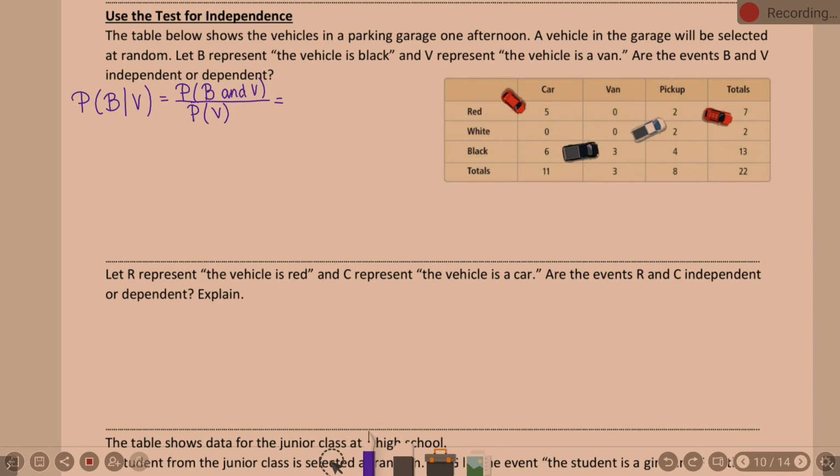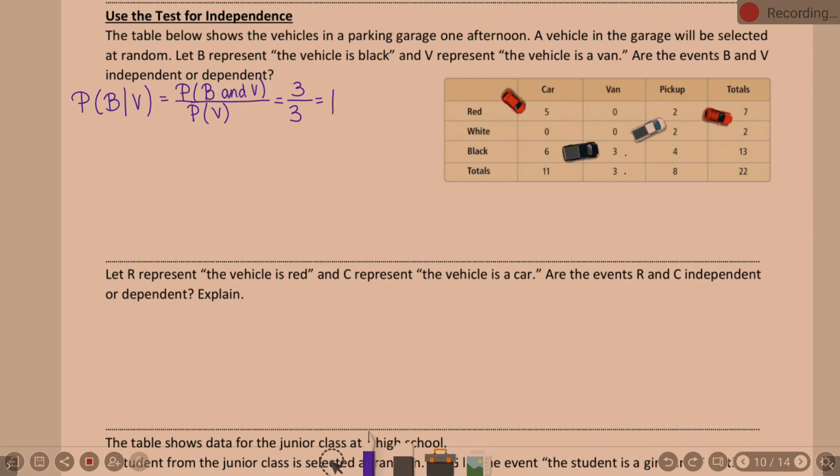Okay, 3. Out of how many options for probability it's a van? Also 3, yes? And 3 over 3 equals 1.